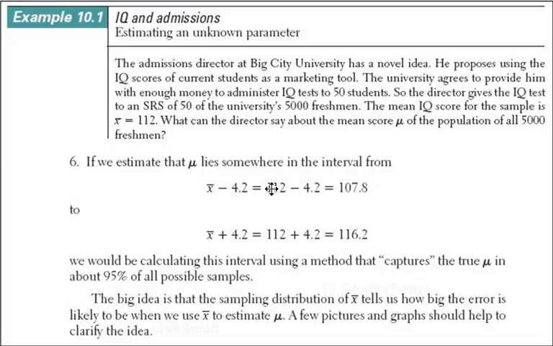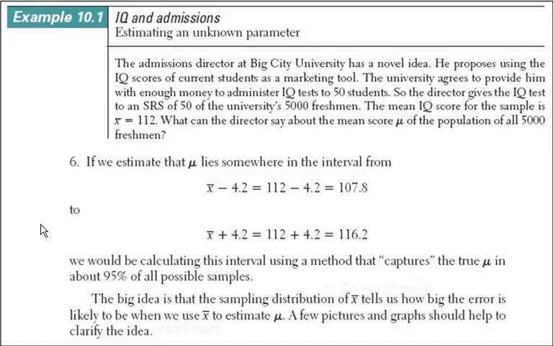So what they actually do here is just go 112 minus 2 times the standard deviation for the lower boundary, and 112 plus 2 times the standard deviation to get the upper boundary. And the reason this is a 95% confidence interval is because of the two standard deviations. Remember, we said 95% of all values in the population will be within these two standard deviations.